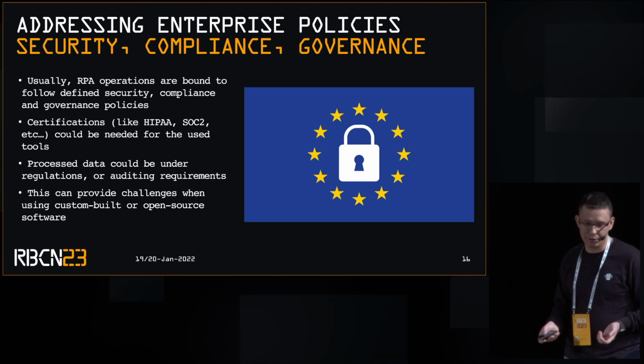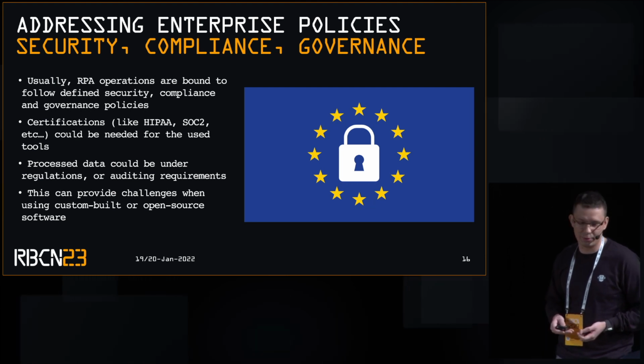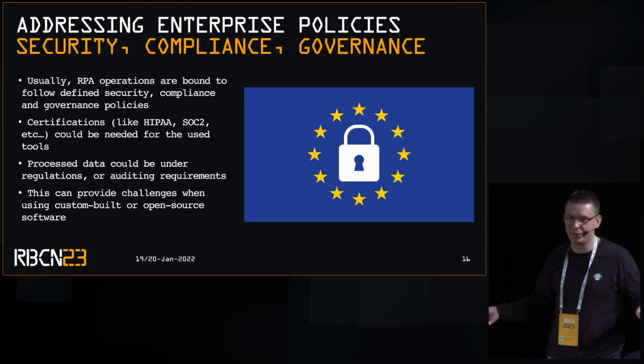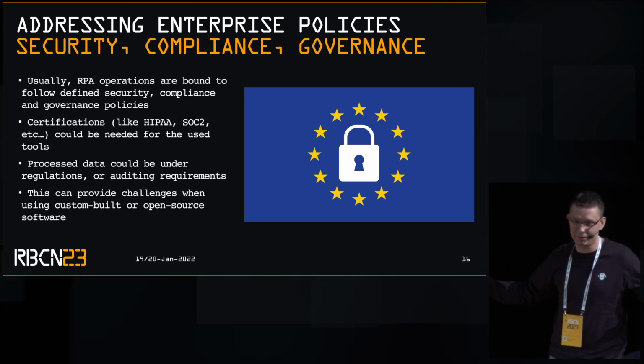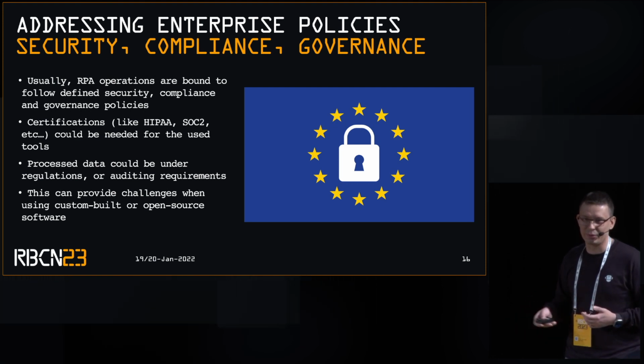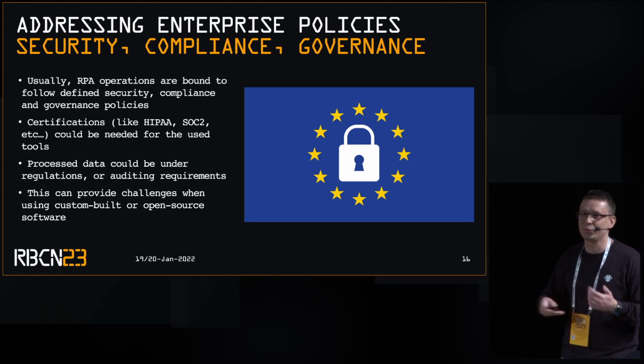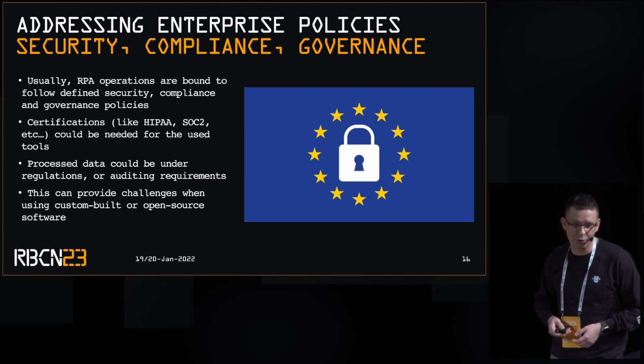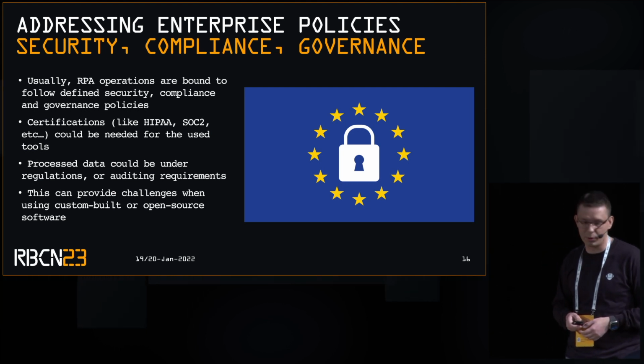Sometimes you might need some certifications. The department might require that every tool used needs to be SOC2 certified, or it's a no-go. And if you are just building something open source or using random stuff you have found anywhere, that could pose a bit of a problem.